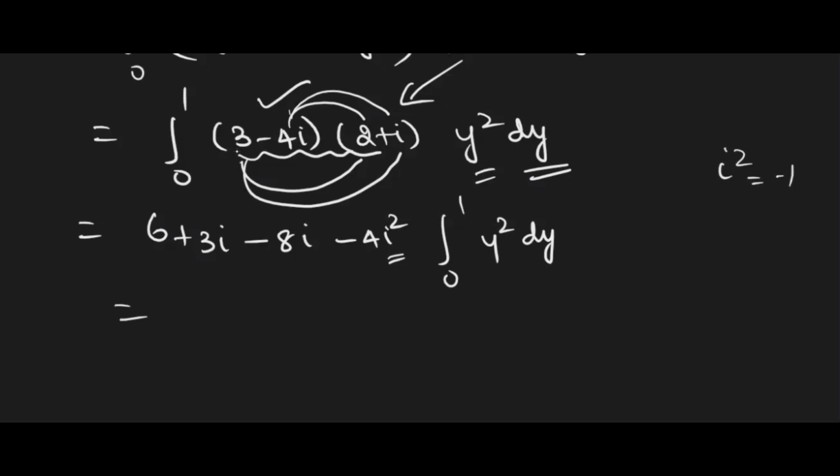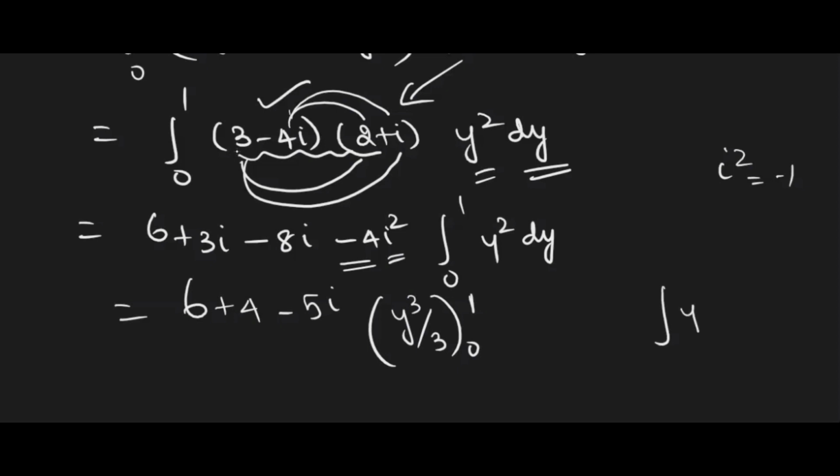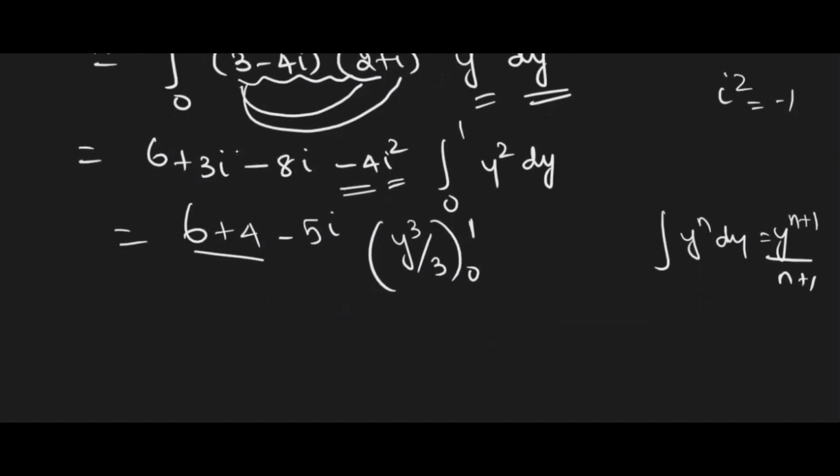So this will become 6 plus 4 minus 5i. Y square, if you integrate, y power 3 by 3 within the limit 0 to 1, because the integral of y power n dy is y power n plus 1 by n plus 1. So 2 plus 1 by 2 plus 1.